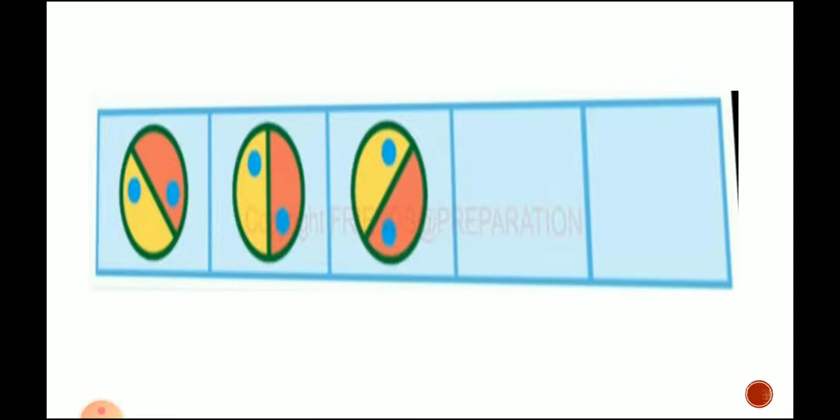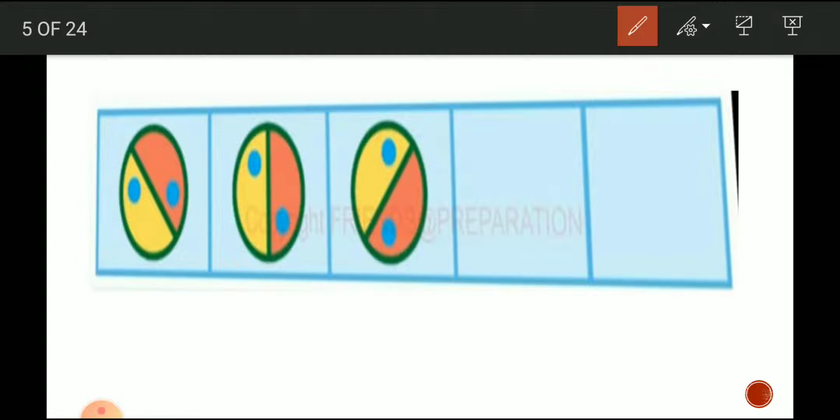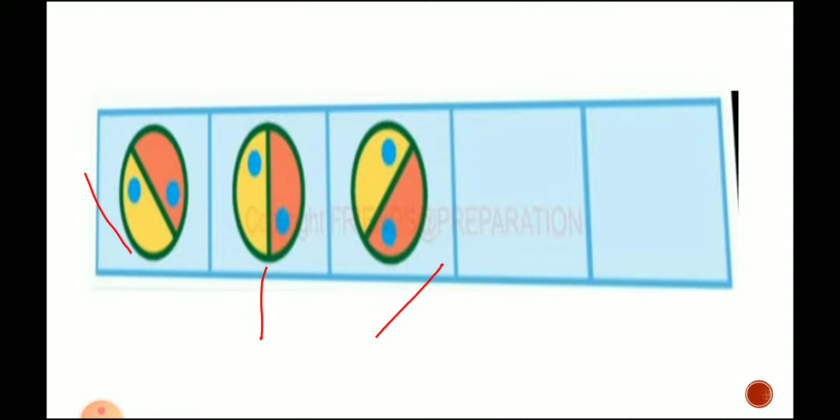Now we see the first one is like this way, then the vertical way, then again crossed. So then what comes next? Can you guess it? I hope you have all guessed it.